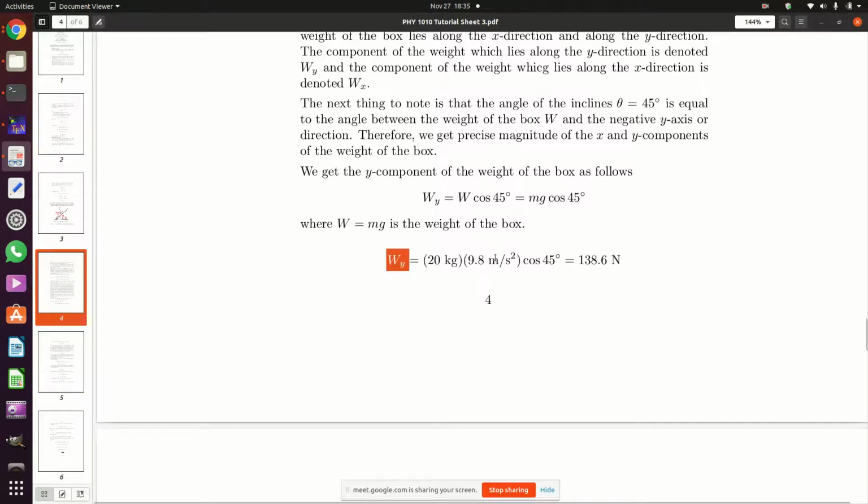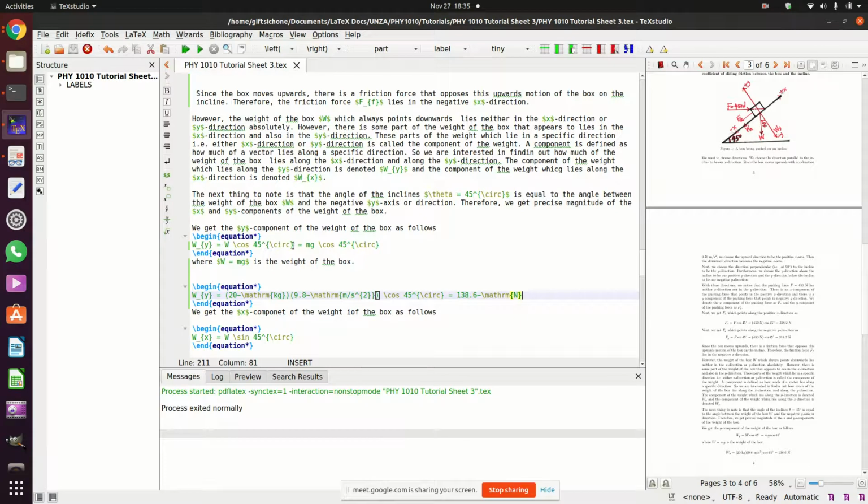This Wy is pointing in the negative y direction.